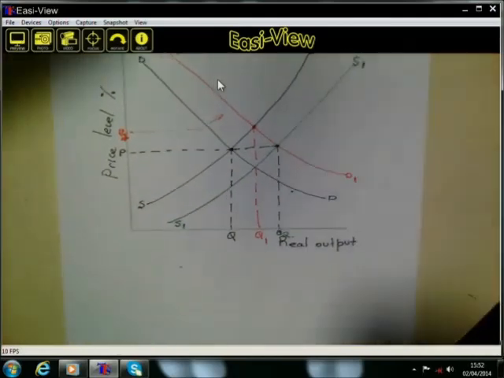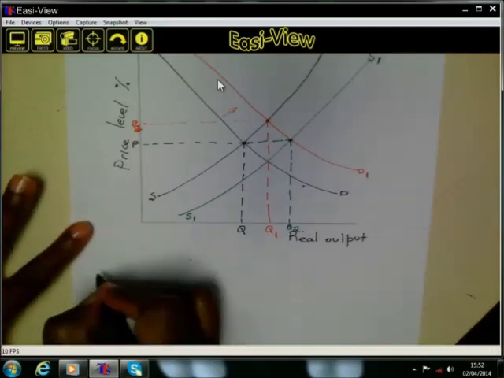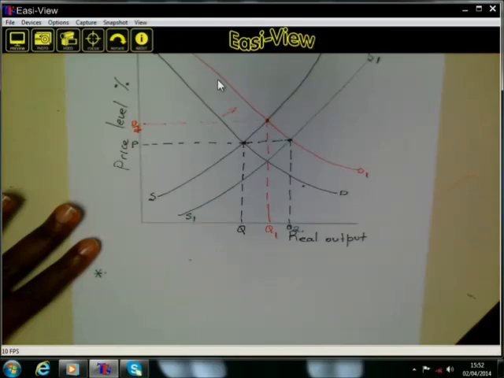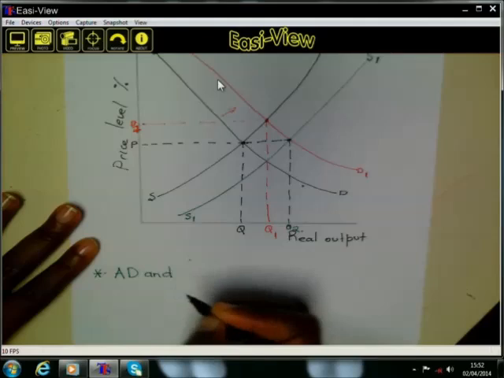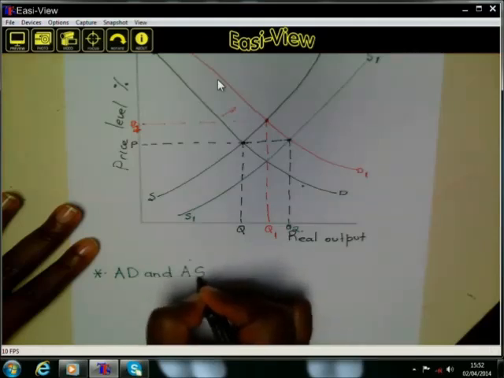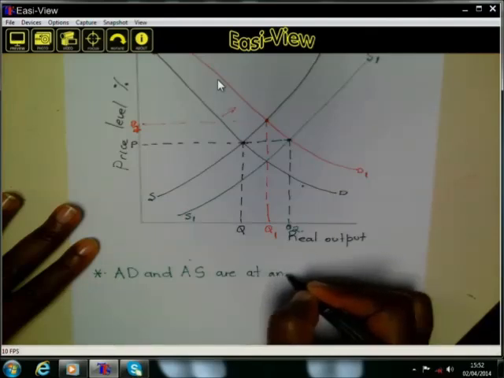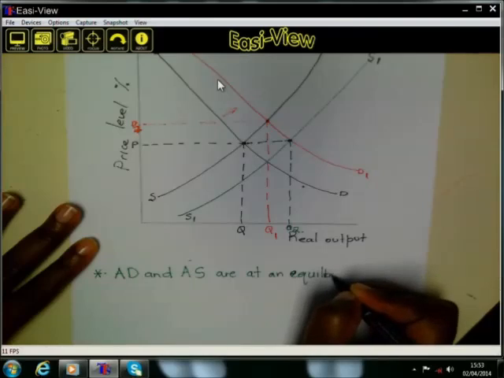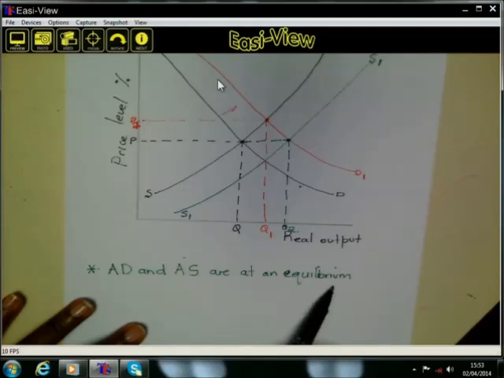On the graph, you see that aggregate demand and aggregate supply are at equilibrium.